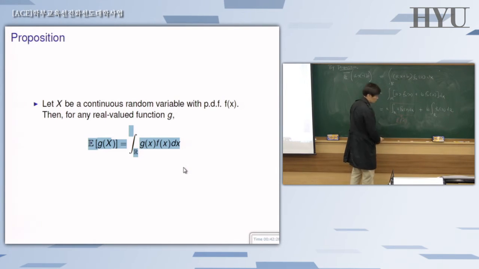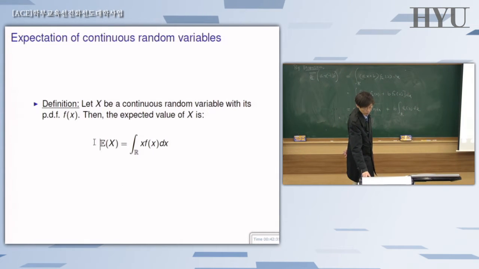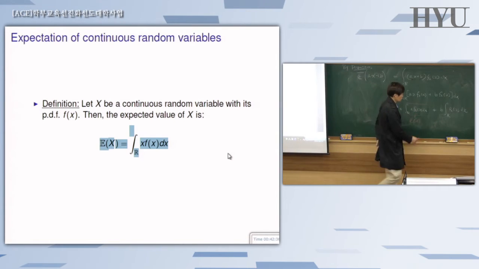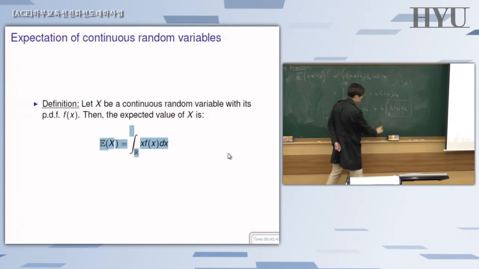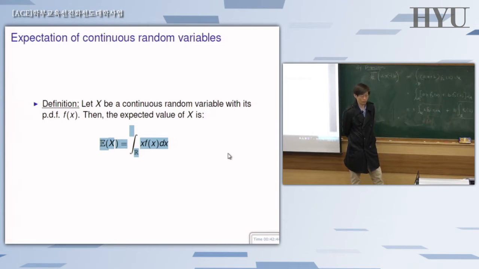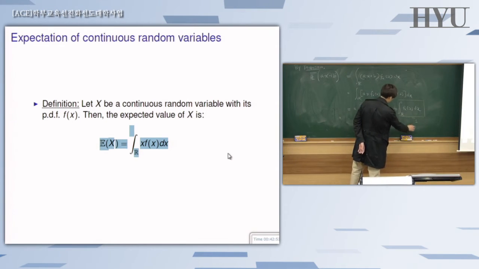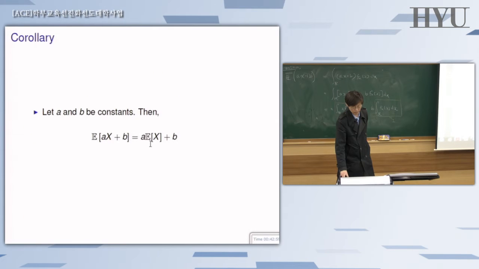By definition. If you forgot the definition, go back. Here's the definition. You see that the right hand side of that is the same as this. What about this guy? Because it's the PDF, it should be 1. Done. That's what you need. So that's nothing but a times E of x plus b.